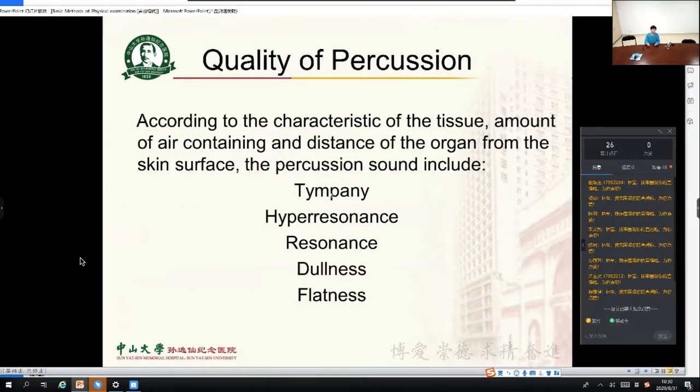And the quality of percussion: according to the characteristics of the tissue, the amount of air it contains, and the distance of the organ from the skin surface, the percussion should include different qualities. One is tympanic. And also, we have hyperresonance, resonance, dullness, and flatness. So these are different qualities of percussion.